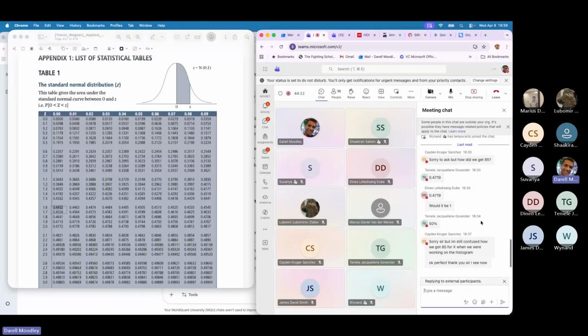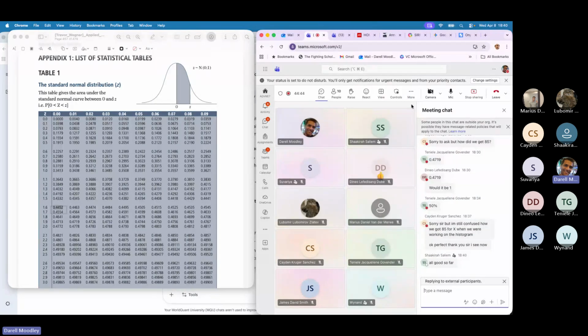People, any questions? Is this clear? Is there anything you're not sure about in this section that I've covered? Okay, I will make the recording available. Thanks, Shakira. Thanks, Danielle.